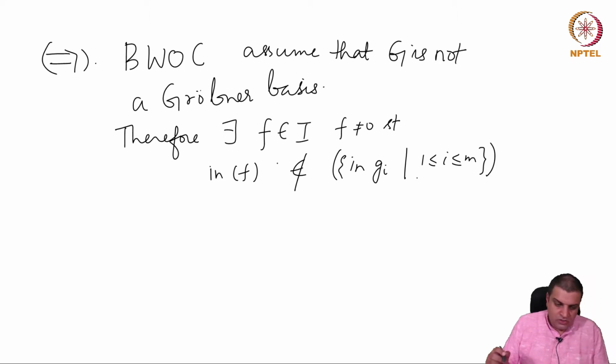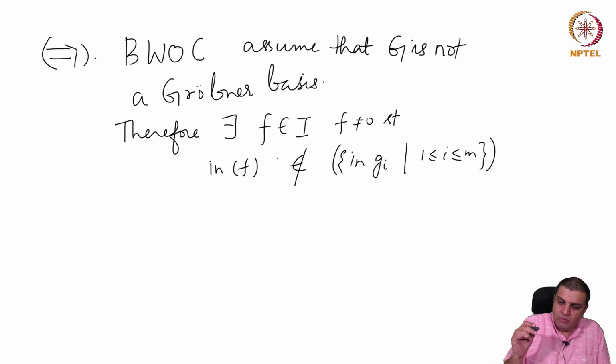Now we want to make some choice about F, and we will prove that for an F with some property there is a contradiction.